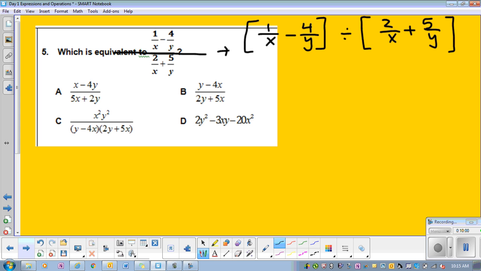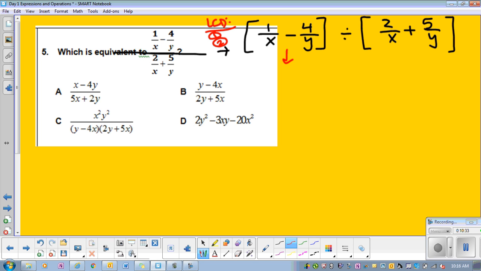Since you have a subtract and a plus on the top and on the bottom, what you need to do is add or subtract to get one fraction before you can do the flip, okay? So with your top one, find the LCD. Fraction 1, what's in the denominator?